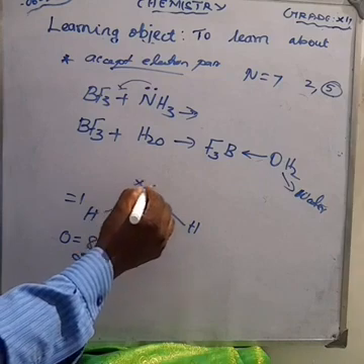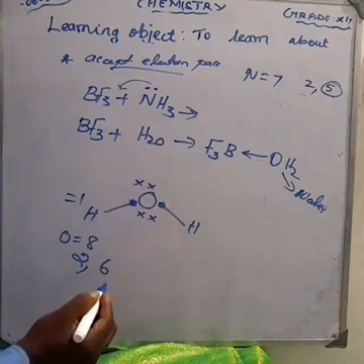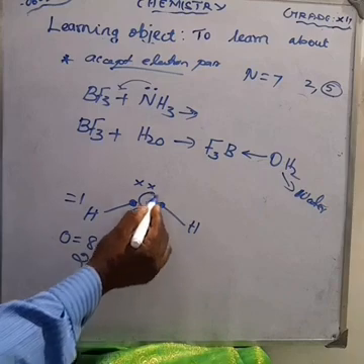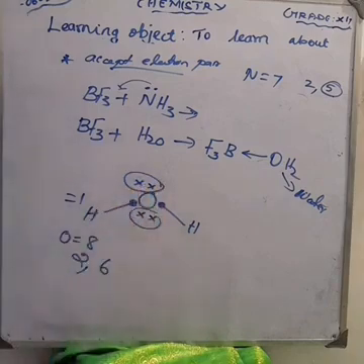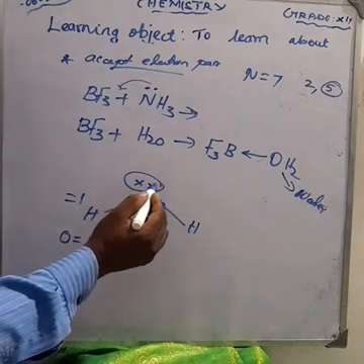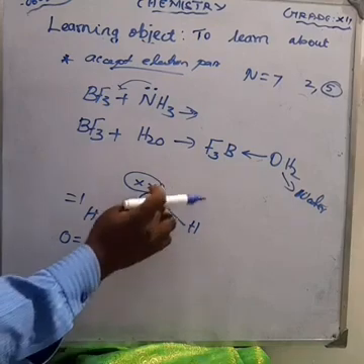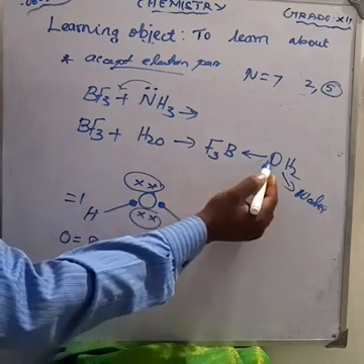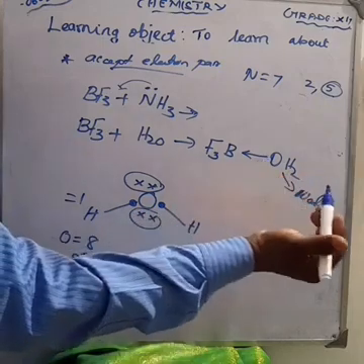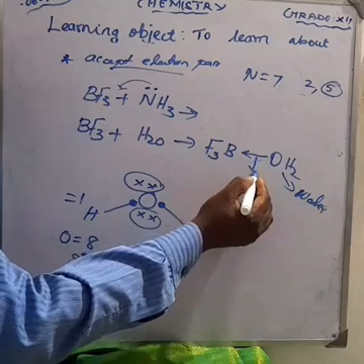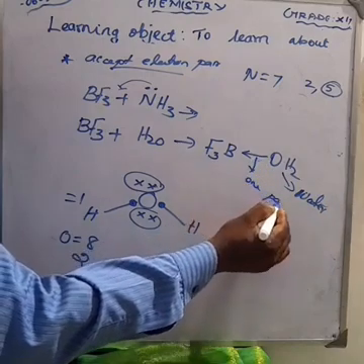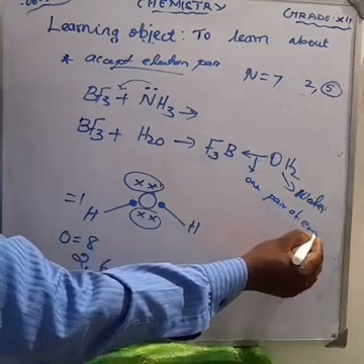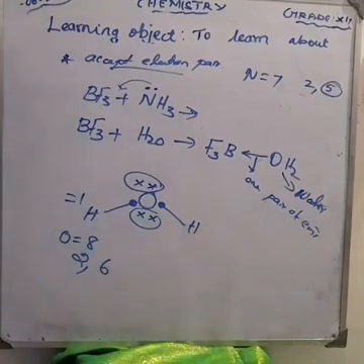There are 4 electrons in oxygen, that is 2 pairs of electrons. So in the water molecule, oxygen donates 1 pair of electrons to boron to make the bond. Which bond? Coordinate covalent bond. What is a coordinate covalent bond? Donating a pair of electrons to make the bond. Don't forget that.